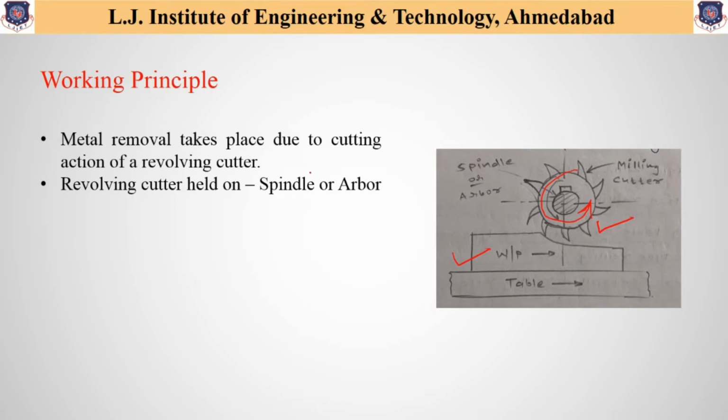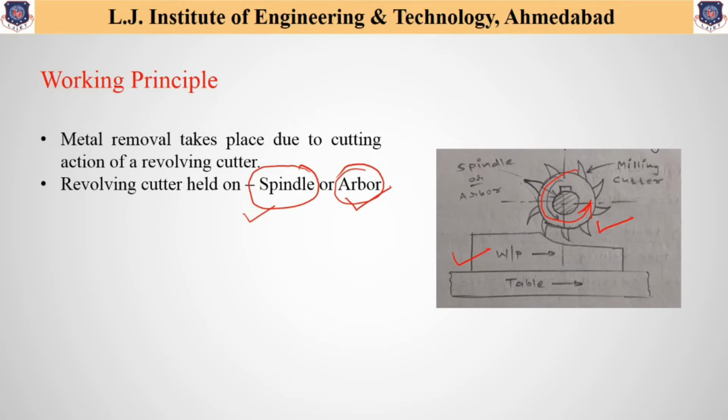Please keep these two words in mind, spindle and arbor, because during our next lectures we must need to use these two words. In some of the machines we will say that the cutter is fixed on the spindle, and in some of the machines we will say that cutter is fixed on the arbor.